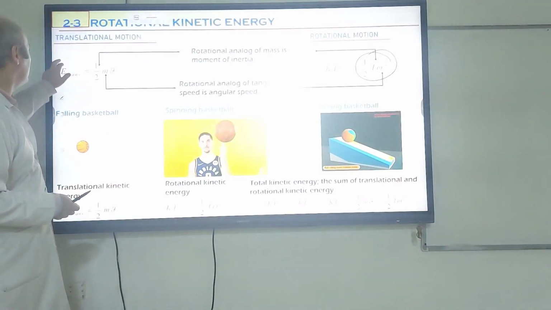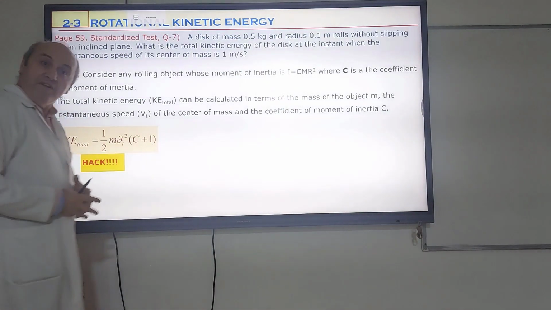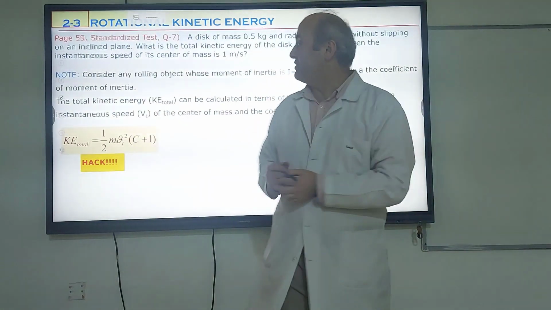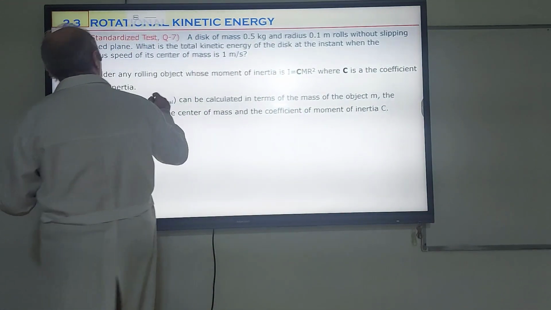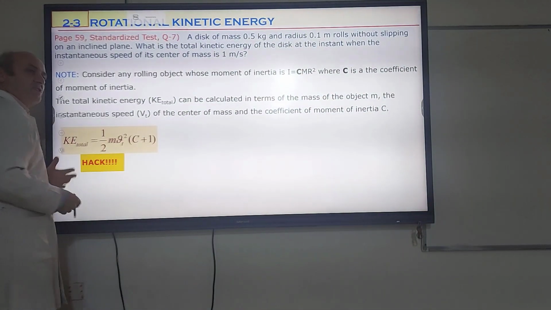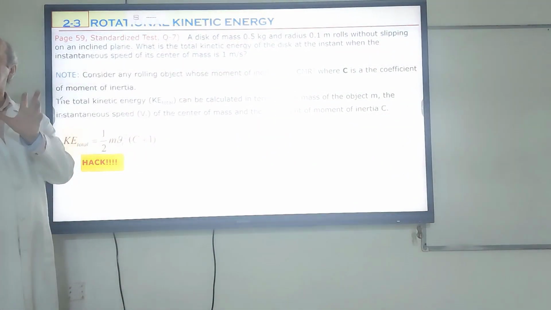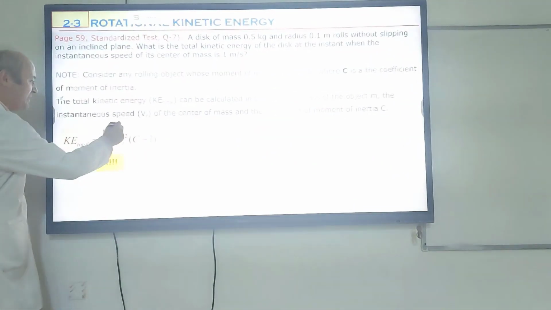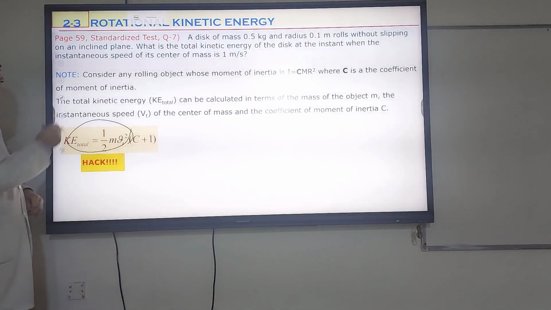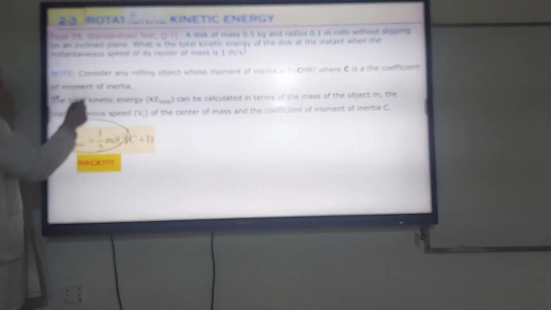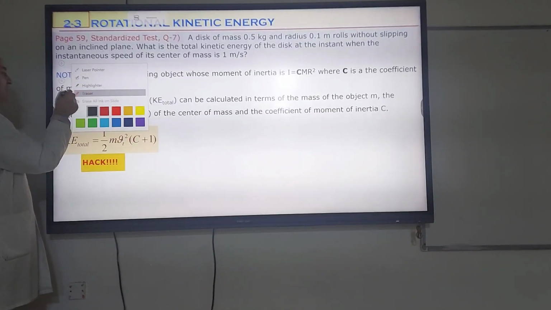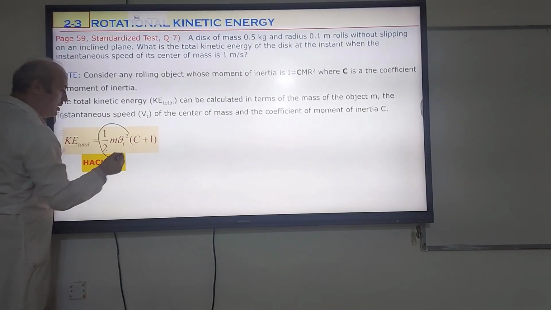If an object is rolling on a surface, we can write the total energy in terms of the coefficient of moment of inertia, because we are familiar with this equation from high school. Which one? 1/2 mv squared. This is translational kinetic energy.